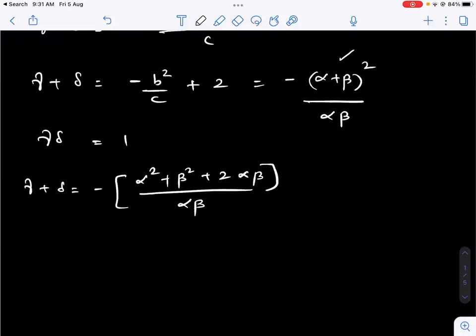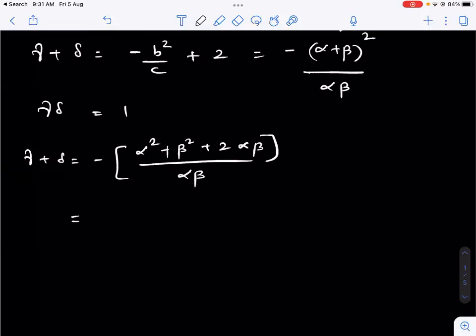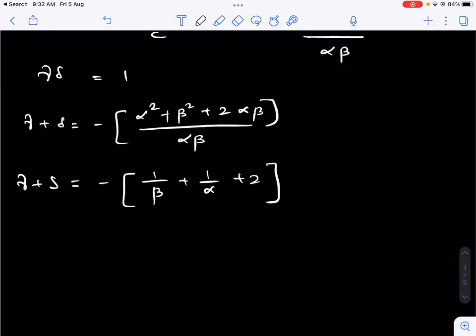Can I do that? a plus b the whole square. So this will be equal to minus of 1 by beta plus 1 by alpha plus 2. This is what gamma plus delta is. And we know that gamma delta is equal to 1.